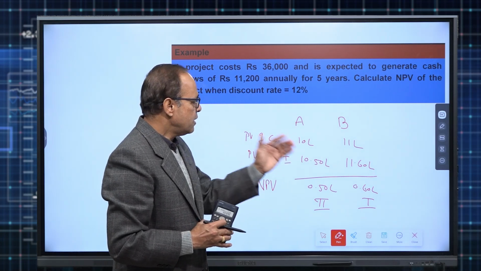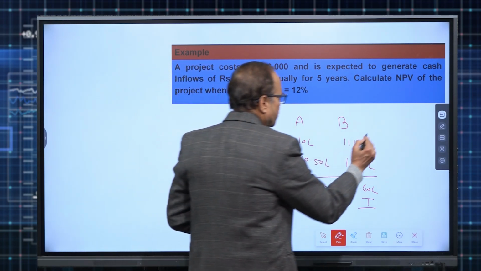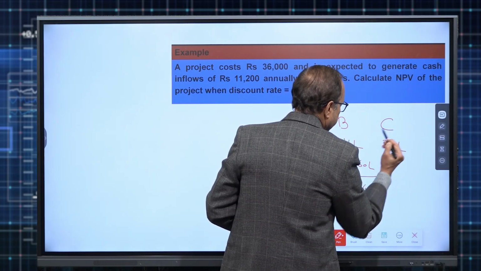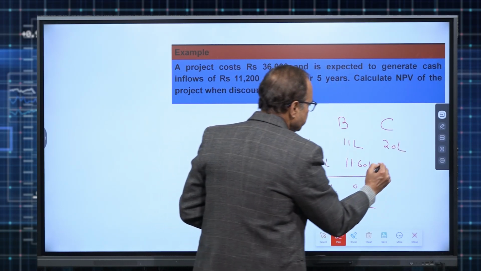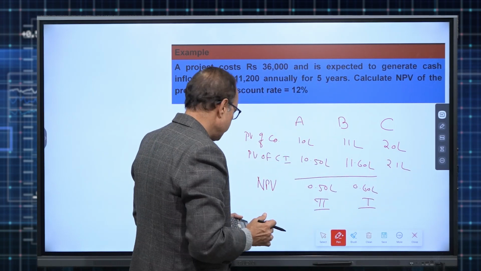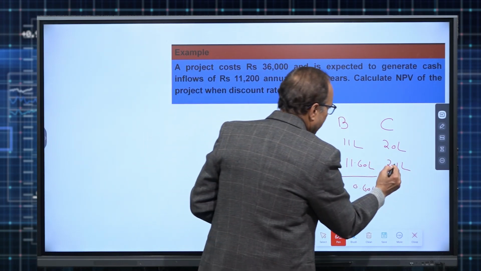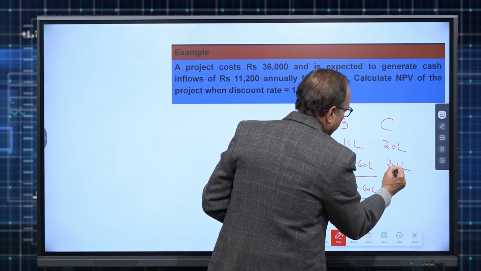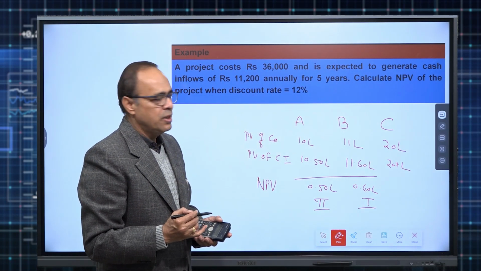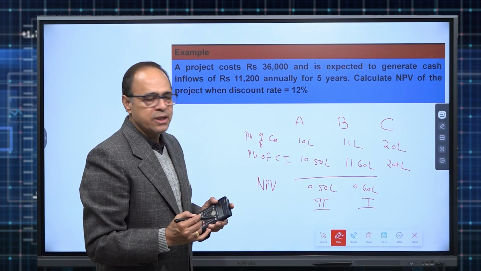If a third project is also there, let us say project C, in which we are investing 20 lakhs. NPV is not 11 lakh, but it is 20.7 lakhs. I ask you to calculate NPV again.